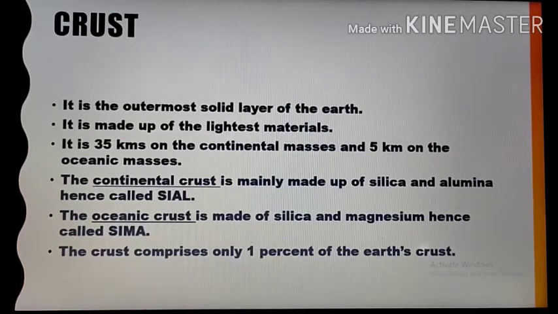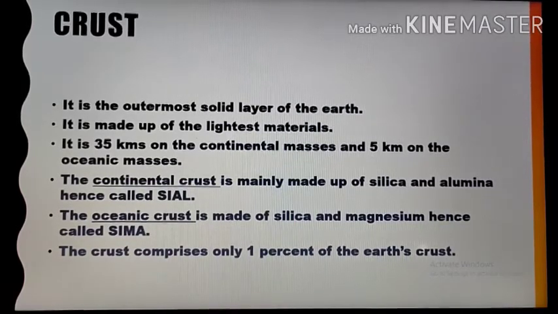The radius of the earth is 6371 km. The earth's crust is about 35 km on the continental masses and only 5 km on the ocean floors. The main mineral constituents of the continental mass are silica and alumina.